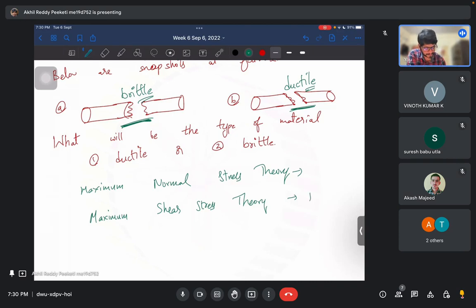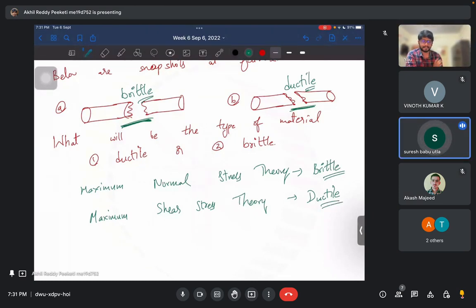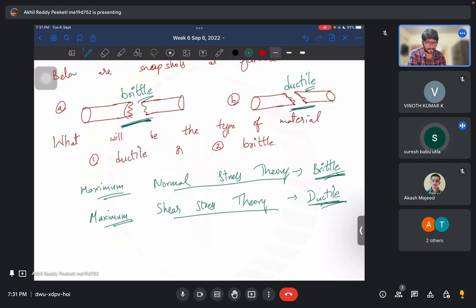Maximum shear stress theory is applicable for ductile materials and maximum normal stress theory is applicable for brittle materials. That's what we have understood experimentally.